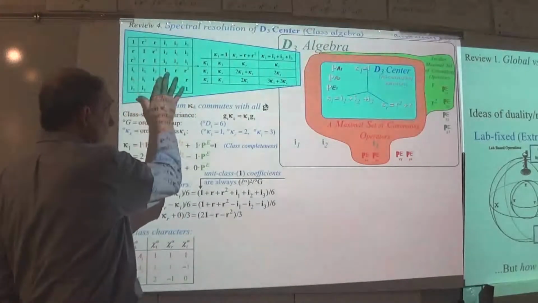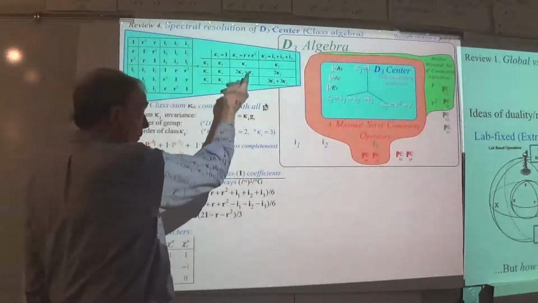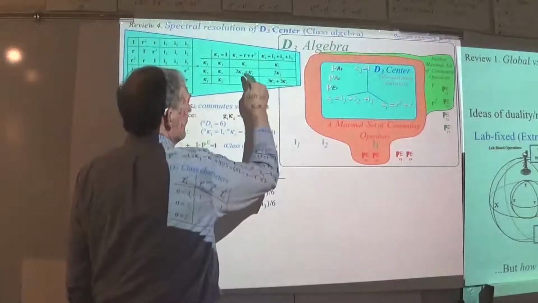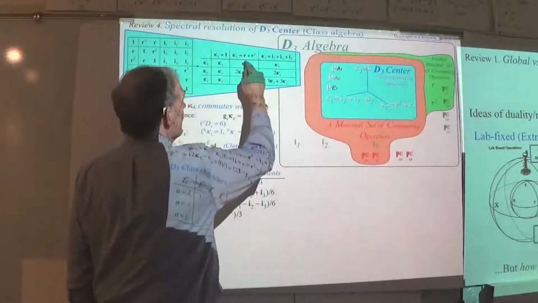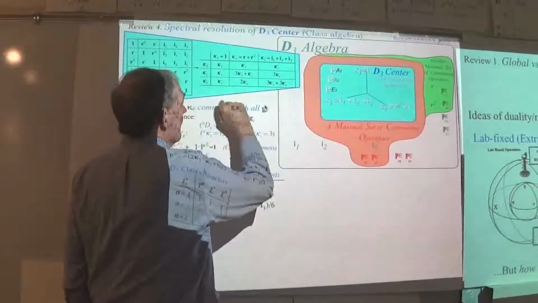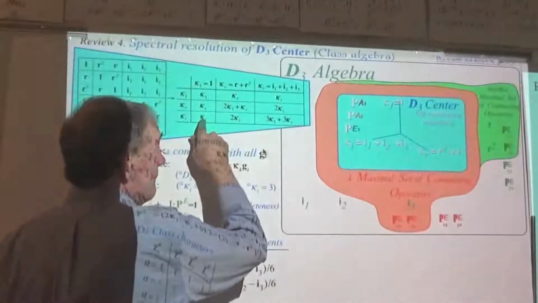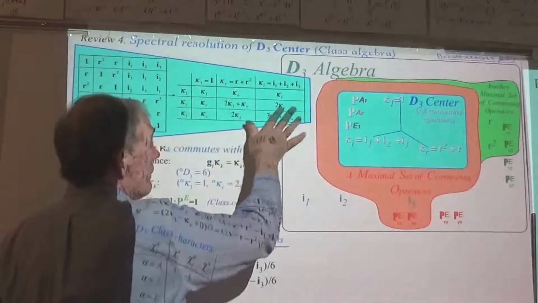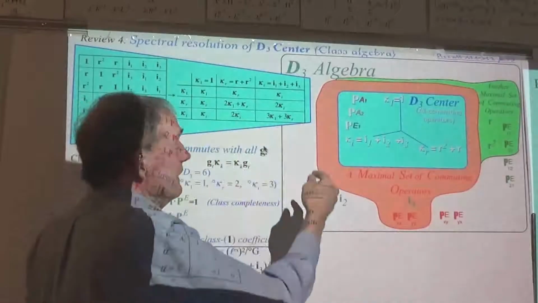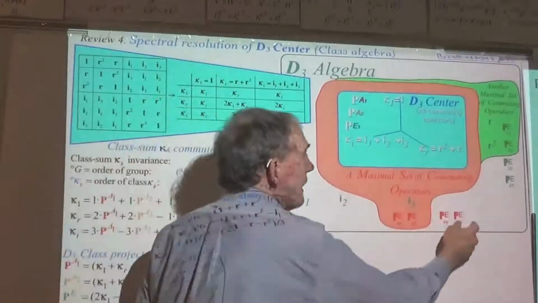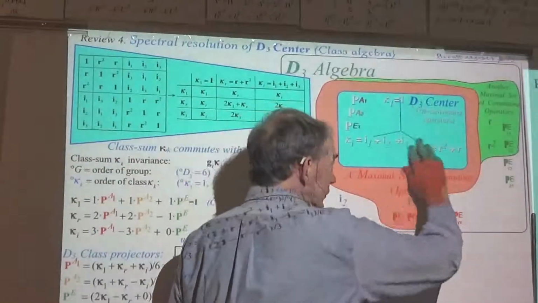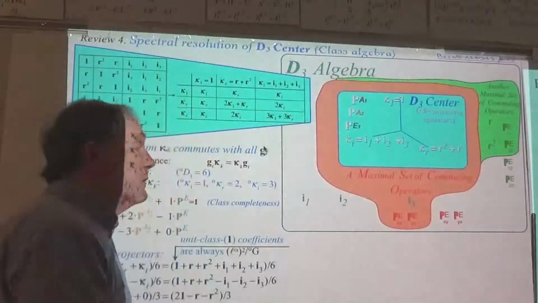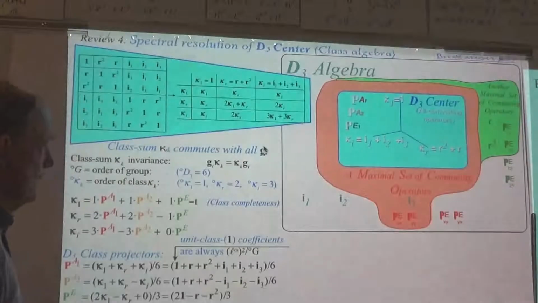The group table is non-commutative, but the algebra table is completely commutative. This is the same as that. This is the same as that. That and that are the same. So this thing commutes not only with everything in there, but with every individual element that's outside of the center. The other three dimensions are non-commutative dimensions, so to speak.